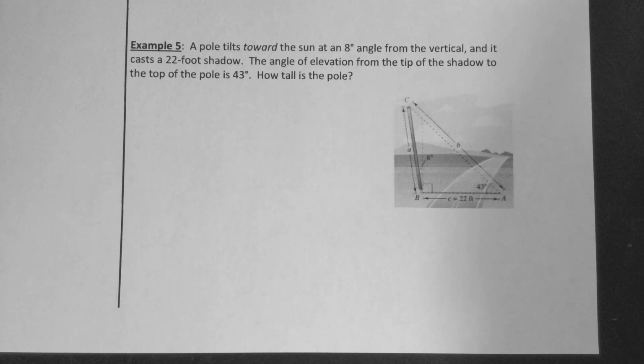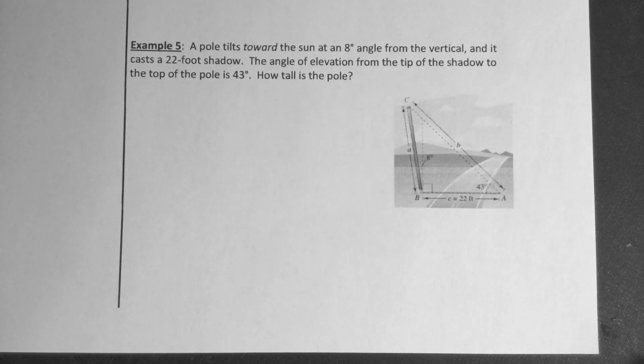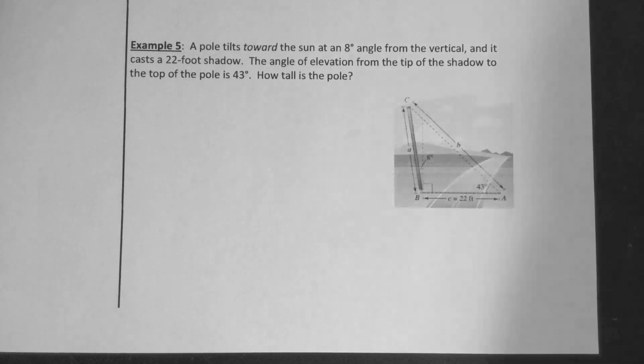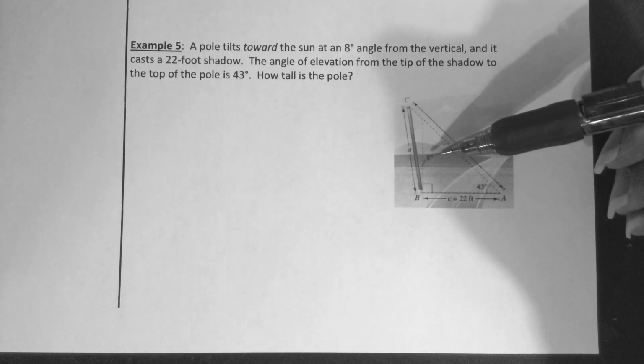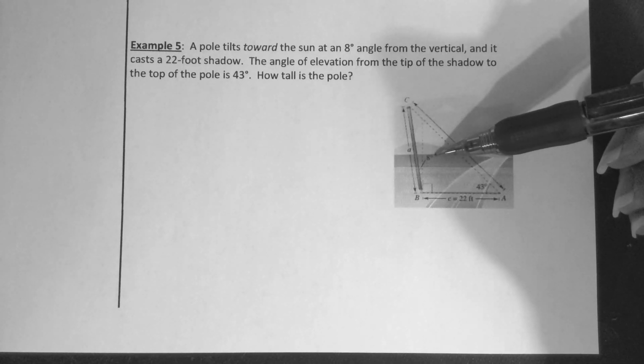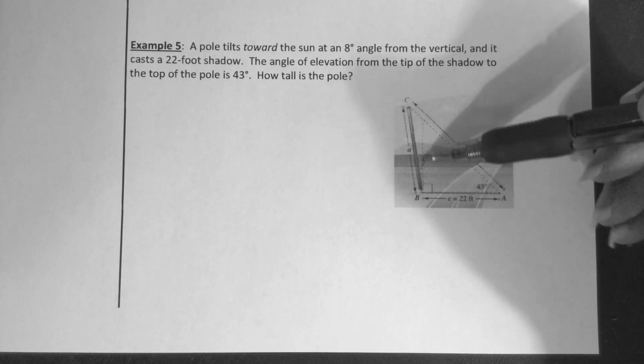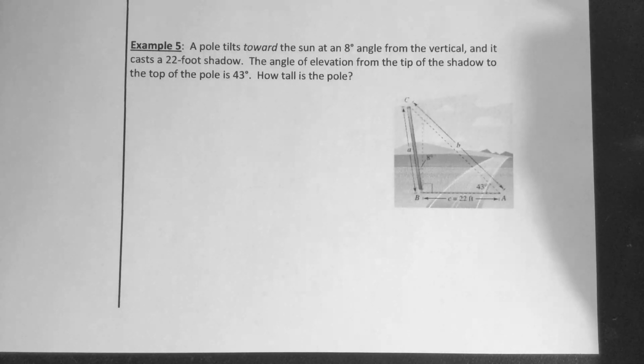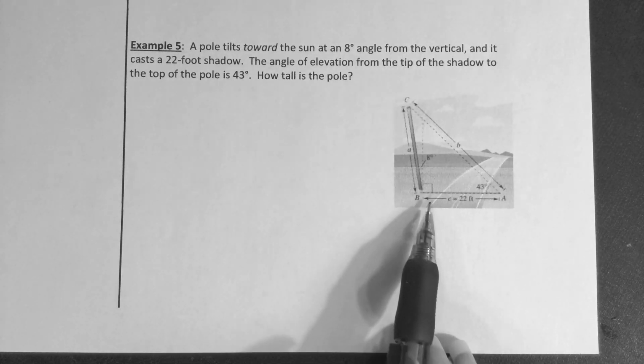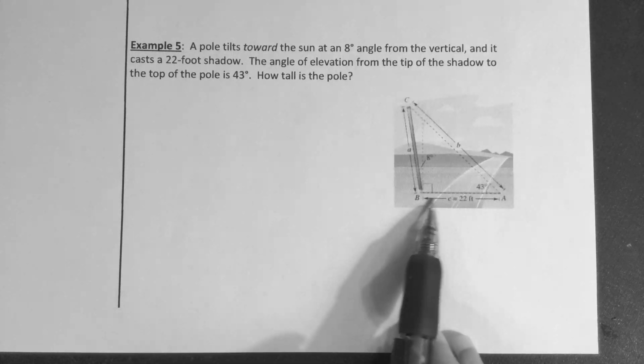So first of all, we have a pole that tilts toward the sun at an 8-degree angle from the vertical. Right over here, very small print, is the 8-degree angle, and it's measuring from here to here. This is the vertical, and it casts a 20-foot shadow, so the shadow is across the highway here.